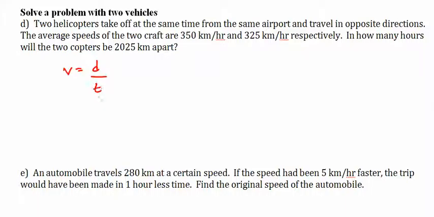2 helicopters take off, opposite directions. One's going 350, one's going 325. How many hours will it be until they are 2,025 kilometers apart? Well, I want the distances to add up to that. So I know that if I multiply both sides by t, I get Vt equals d.